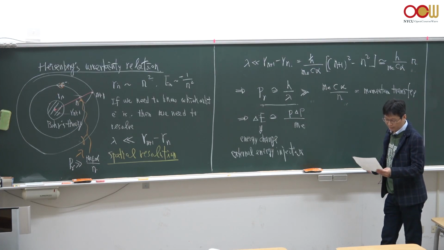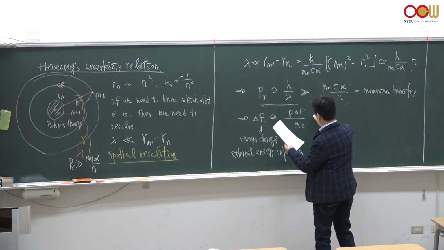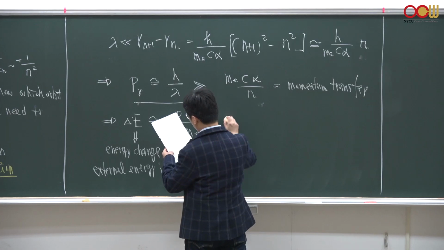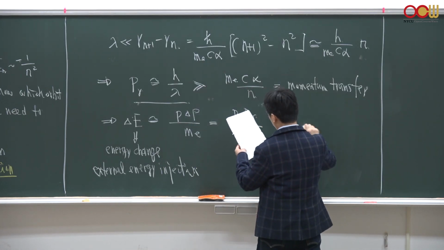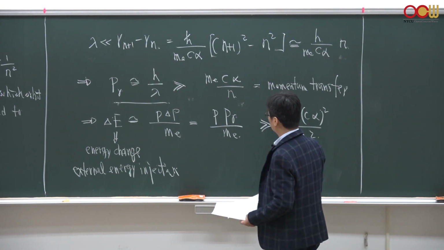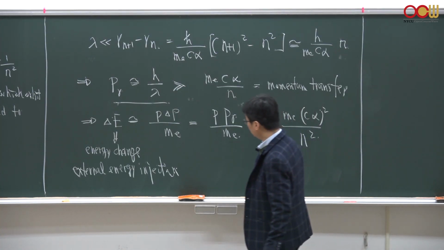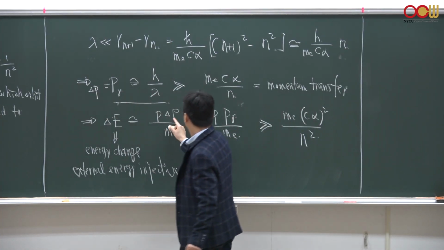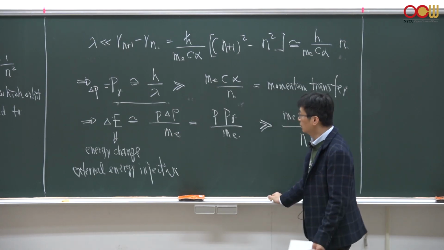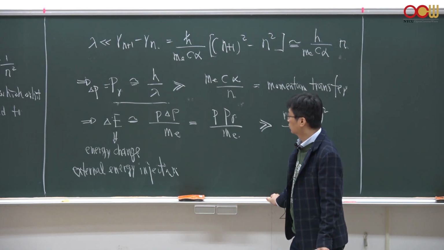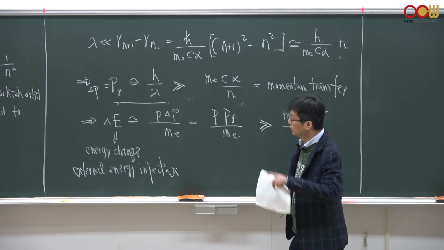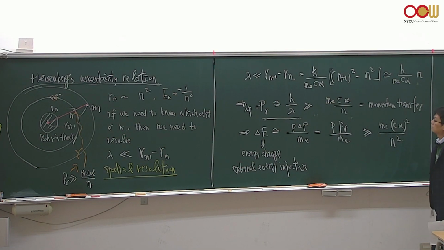Okay, so this energy shift is really huge, which is much greater than this value. Okay, so delta P is your momentum transfer, that is the external momentum change introduced when you hit the target with the photon beam.